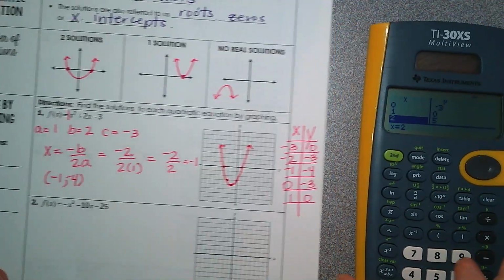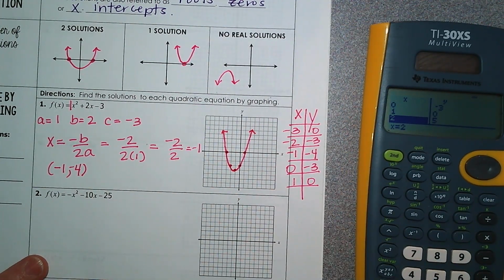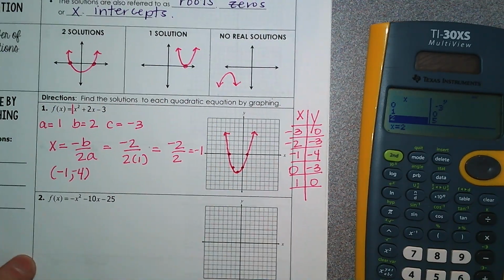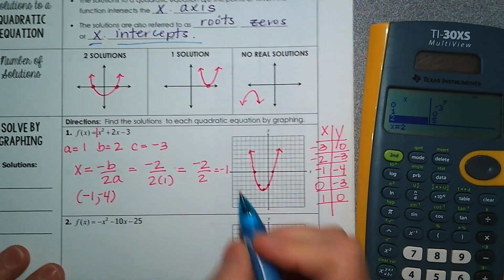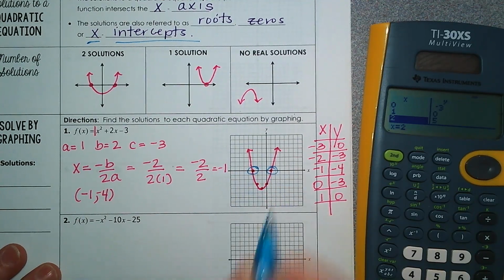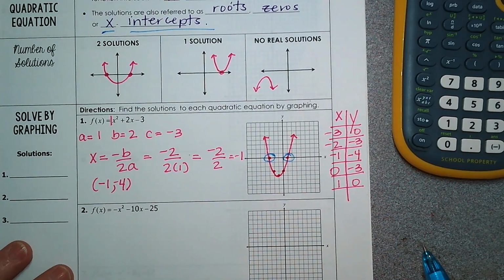So how many solutions do we have? Two solutions. Those are called the x-intercepts. X-intercepts, where the parabola crosses the x-axis. You can look at your table and tell what those points are.